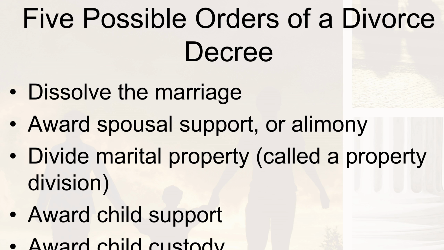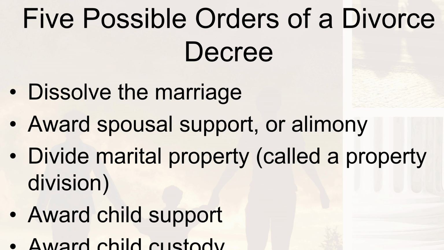So there are 5 possible orders of a divorce decree, each of which has to have been decided upon in a proper jurisdiction in order to be issued. Now, if for whatever reason that order was not issued in the proper jurisdiction, at that point, the new forum state will not have to implement the decision of the state where the divorce was initially issued.